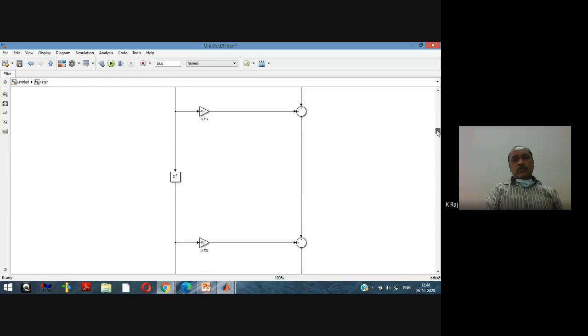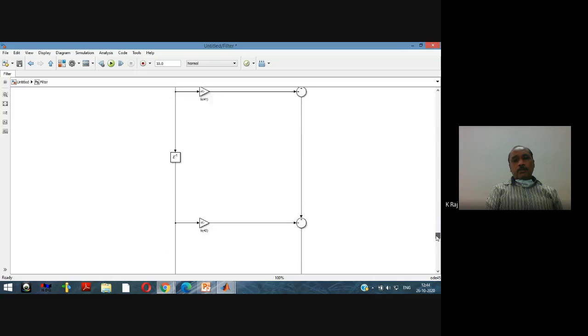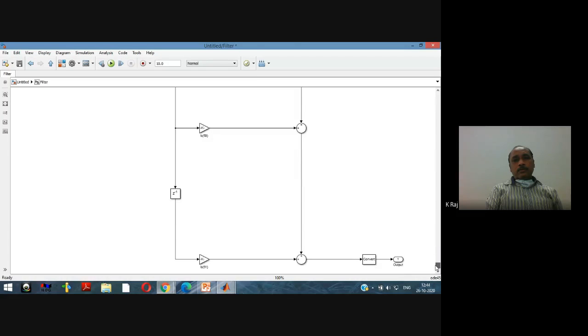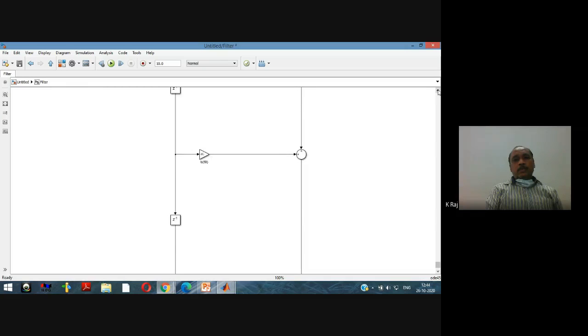And the next one is related to B1, B2, B3 up to B51. The order is 50 here. So this is the architecture of the filter which we have designed.